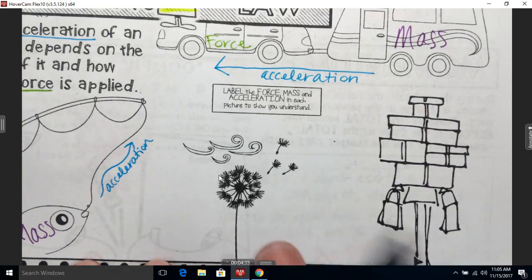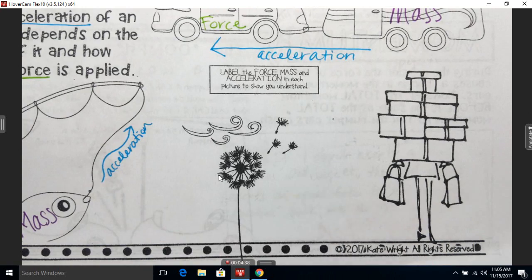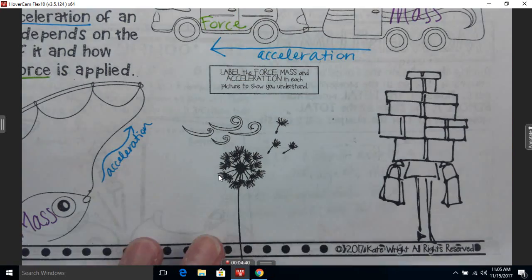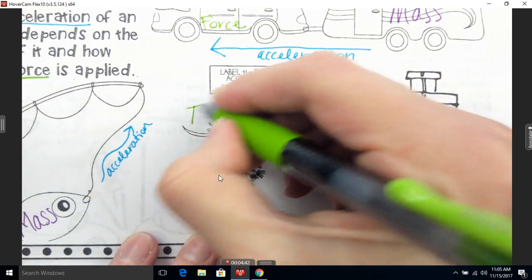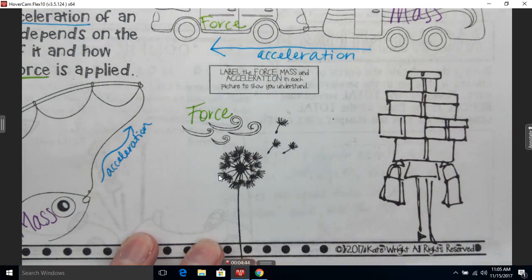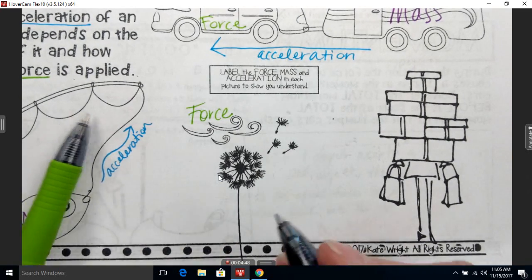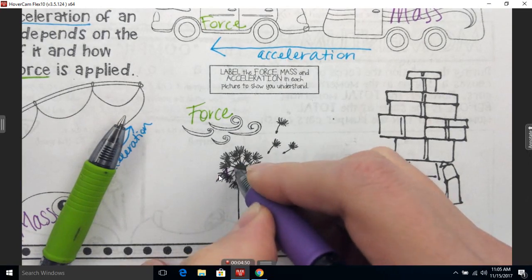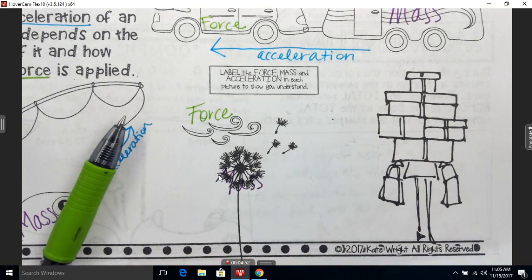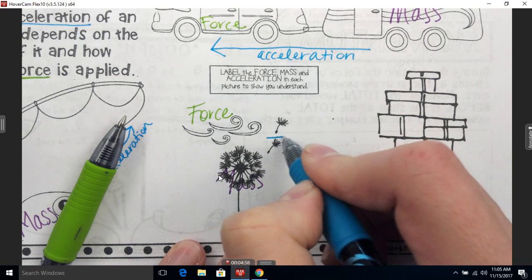Okay, this one. The wind is the force. The mass is the flower. Acceleration is toward the right.